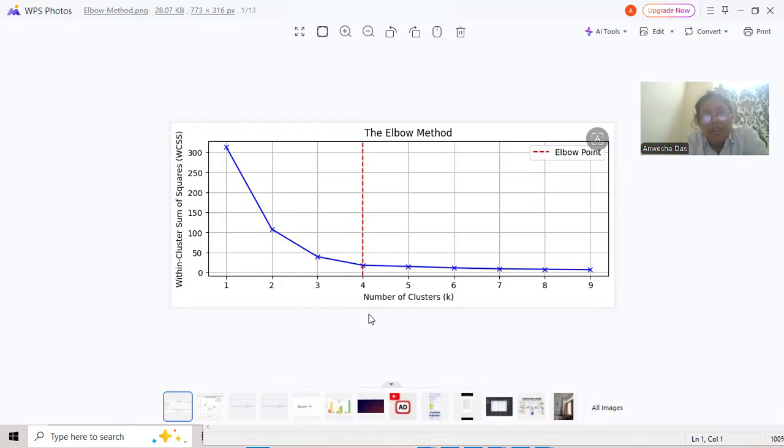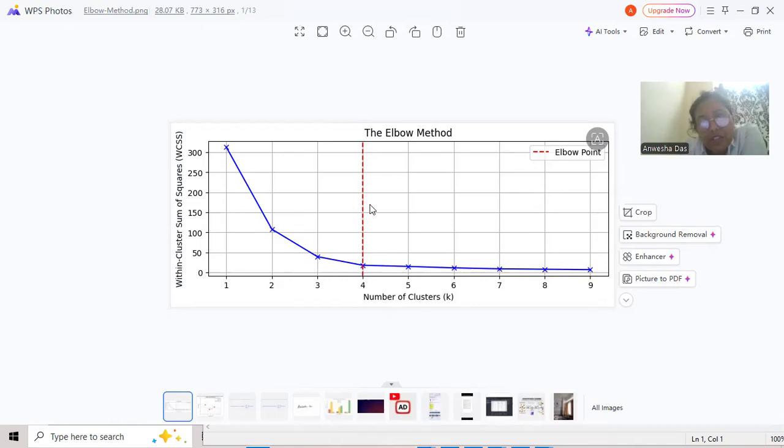Now if you see very carefully, guys, WCSS 1 is greater than WCSS 2, WCSS 2 is greater than WCSS 3. In that way, when the value is 4, after that there are no changes.